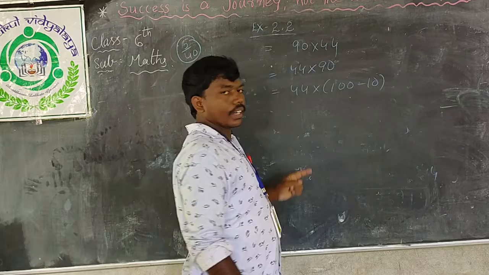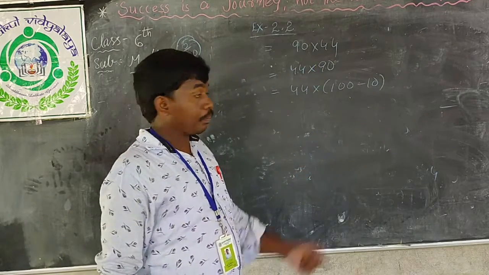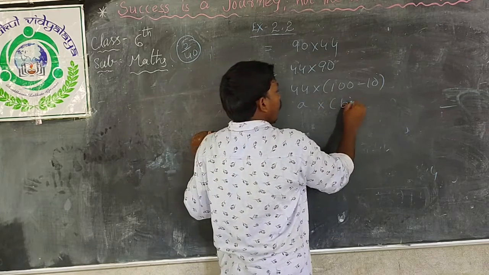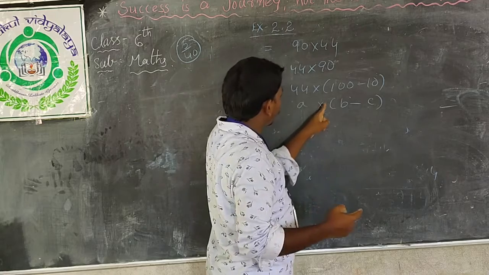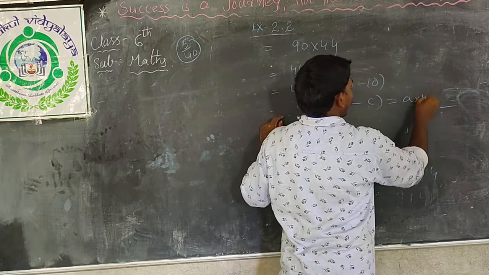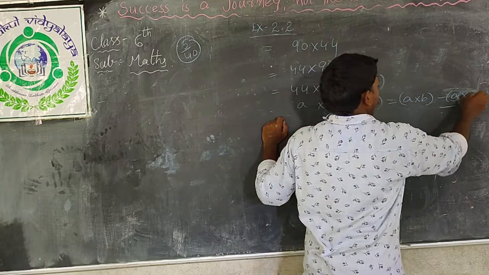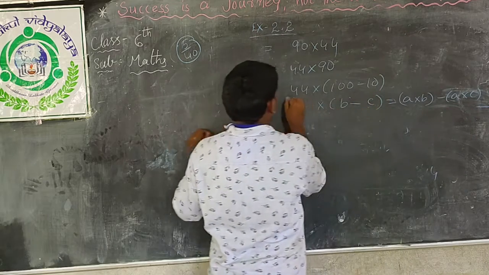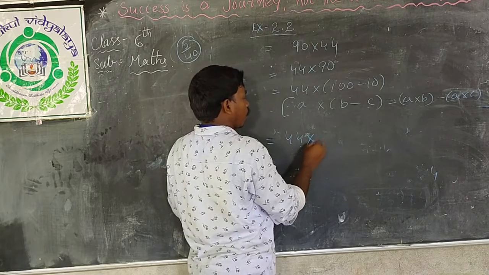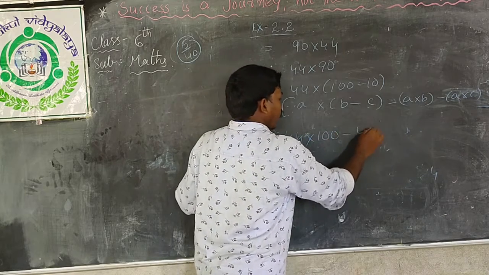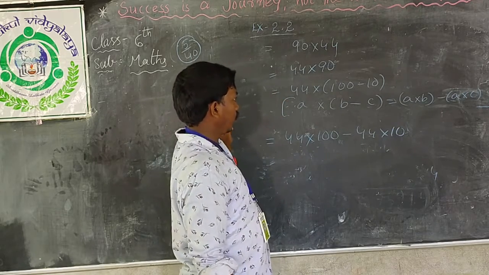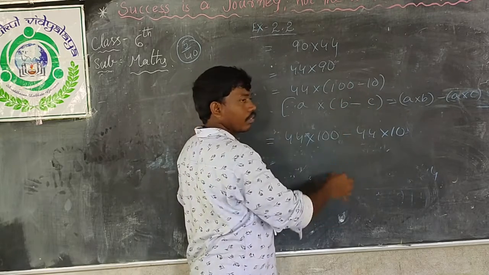Is it right? 100 minus 10 gets 90. Why? For using the formula. Which formula? A into (B minus C), that is A into B minus A into C. Now A is 44, B is 100, C is 10. 100 minus 10, 90. Get the same result.